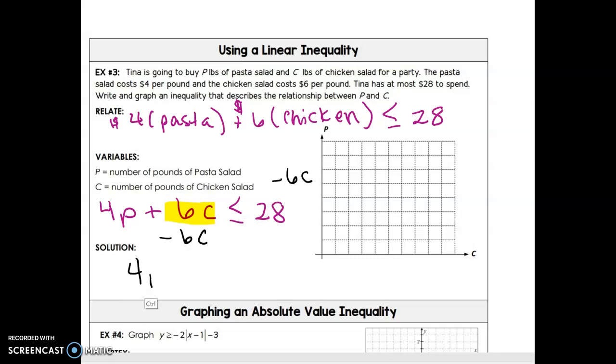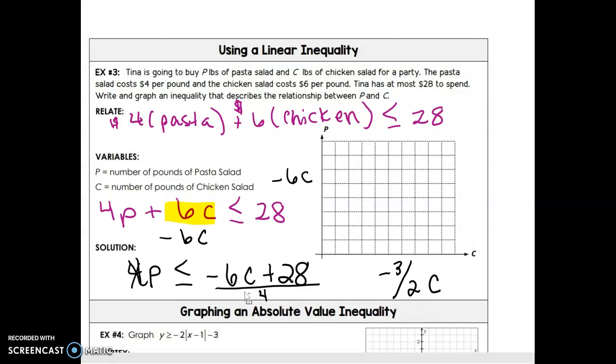So we have 4P, your symbol, negative 6C plus 28. Well, how do we get 4P by itself? Hopefully you're saying we have to divide by 4, right? And that goes away. Negative 6 divided by 4 reduces to negative 3 over 2. And then 28 divided by 4, hopefully you're saying 7.